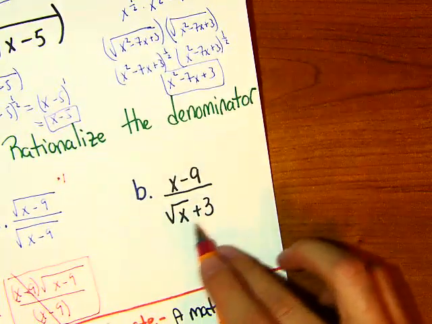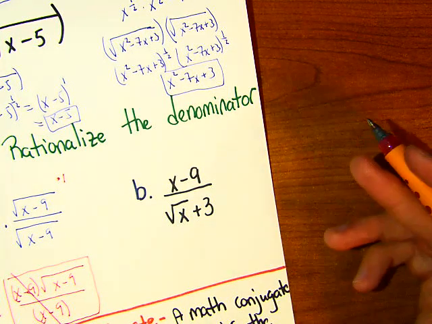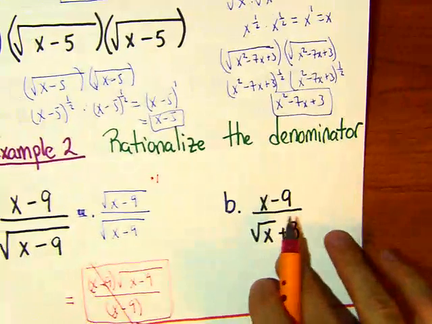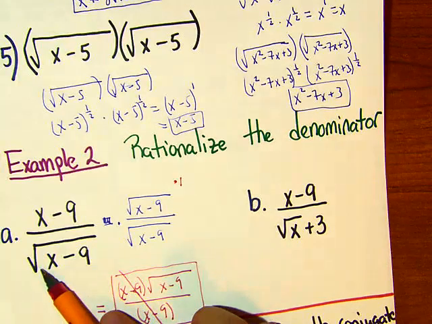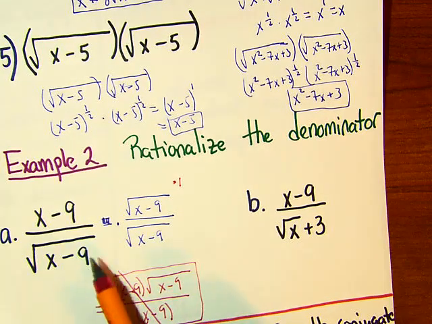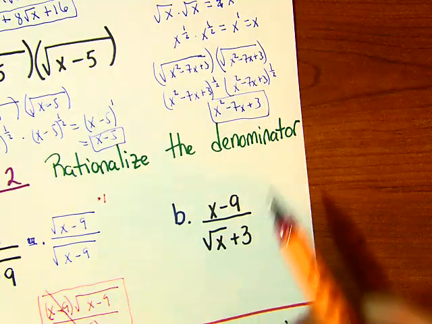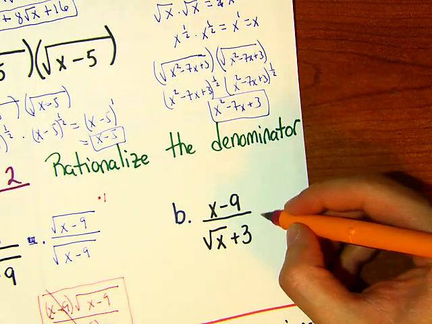Now here, how do we experiment with this? Like, if I were to say here, how did we knock out the radical square root of x minus 9? We multiplied it by the same thing on the denominator. And what I want you to do is kind of fail at this because you'll learn from your mistake.